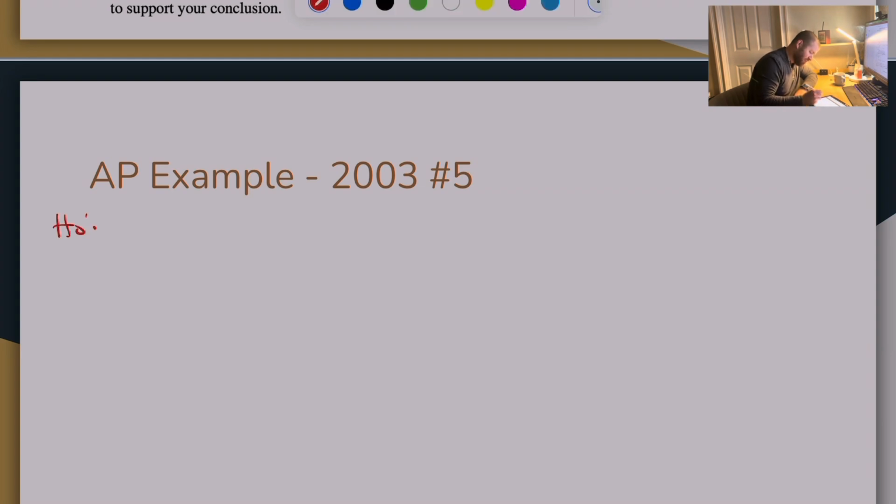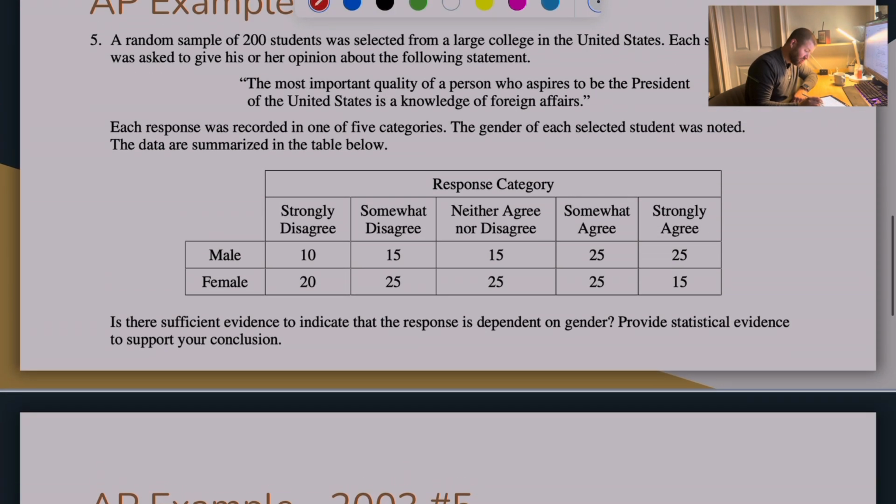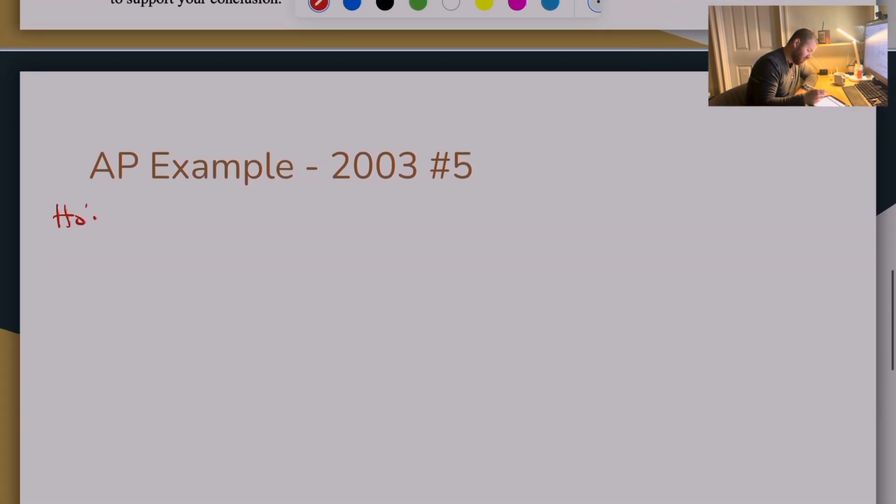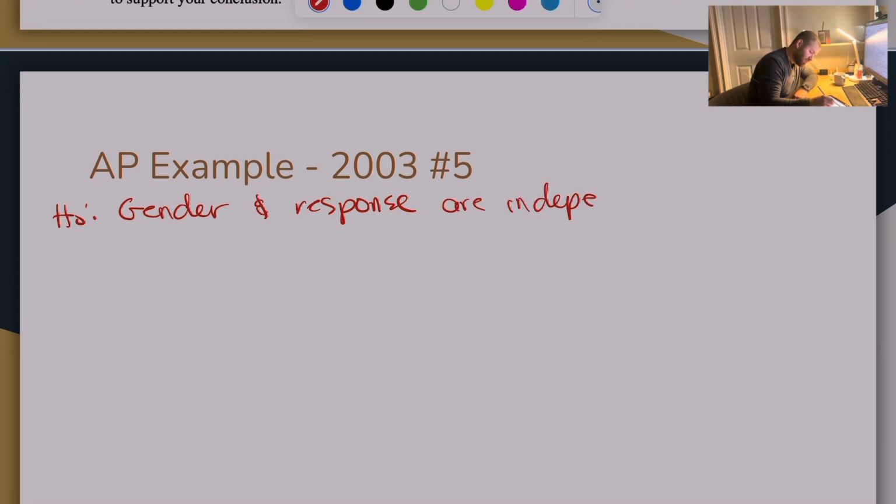So for my hypotheses, we're always going to assume independence. So for here, we're going to say that gender and response are independent. Or the other wording you may see is have no association.